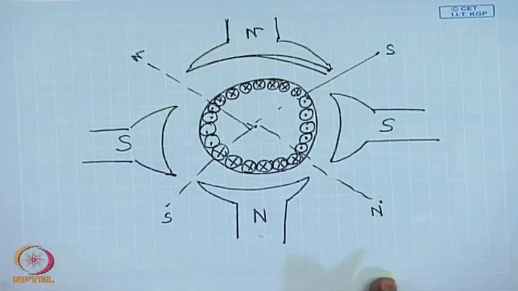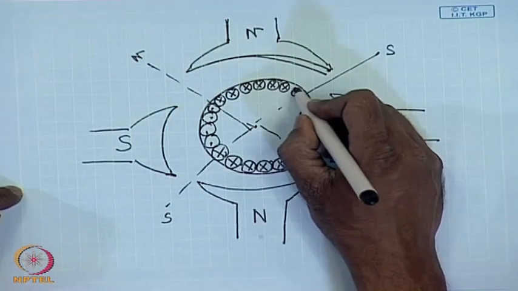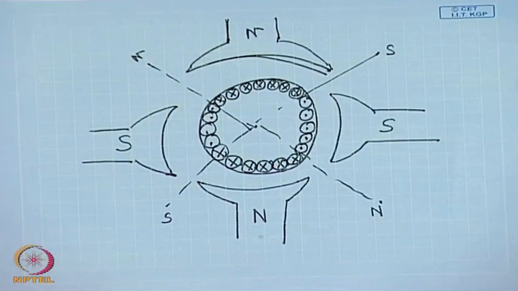So, the armature must also be wound for the same number of poles as the number of poles on the stator, otherwise a steady torque will not be generated. So, the armature coils will produce the same number of poles as the stator.